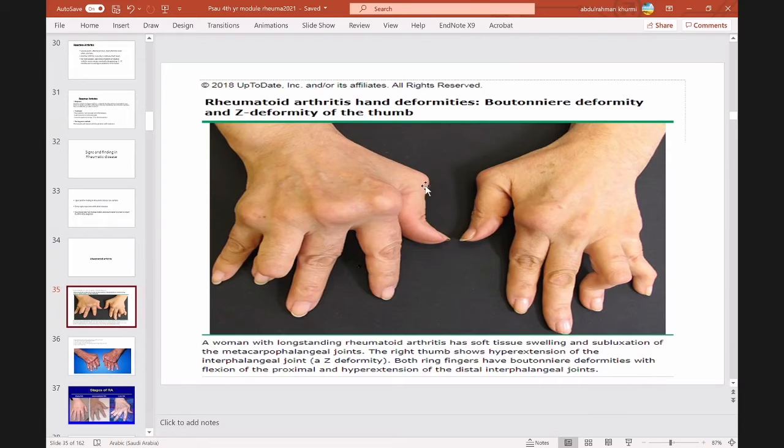This is the Z, and this is boutonniere. And if there is extension of the proximal and flexion of the distal, this is the opposite of boutonniere, which is swan neck deformity.